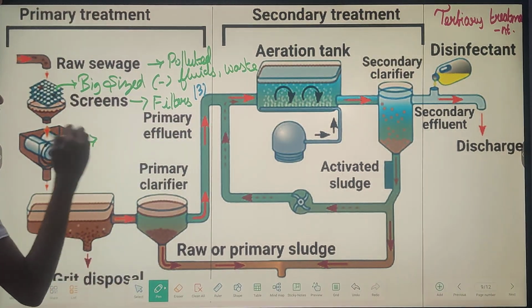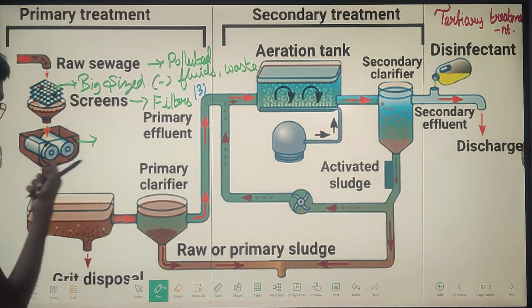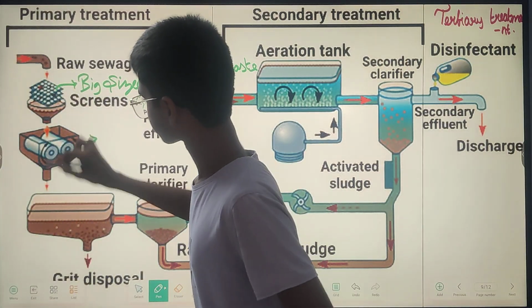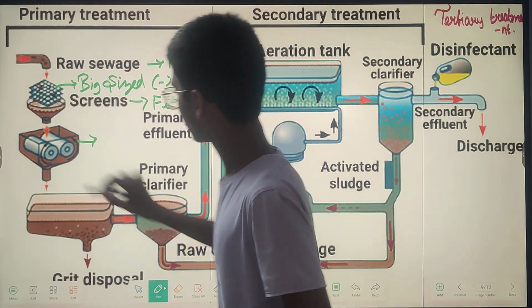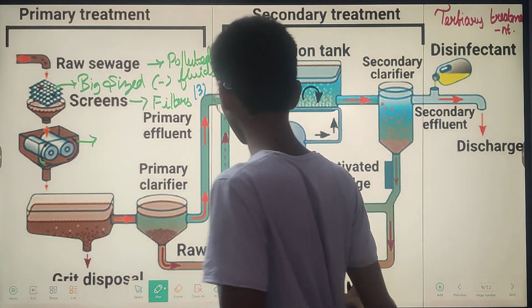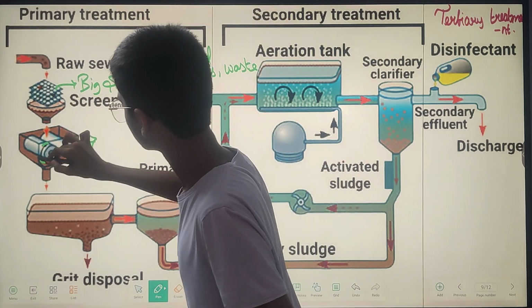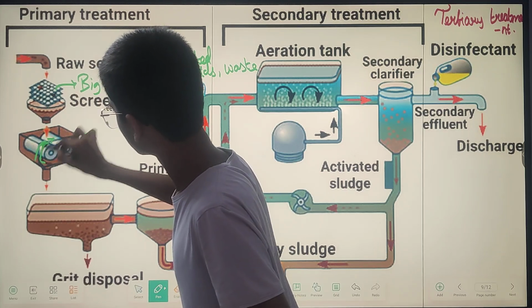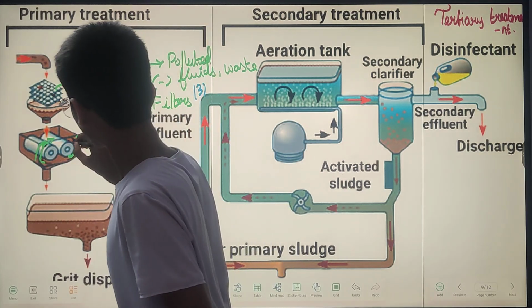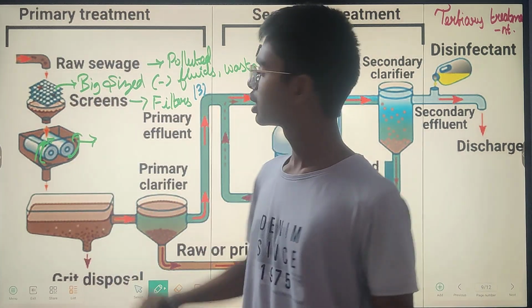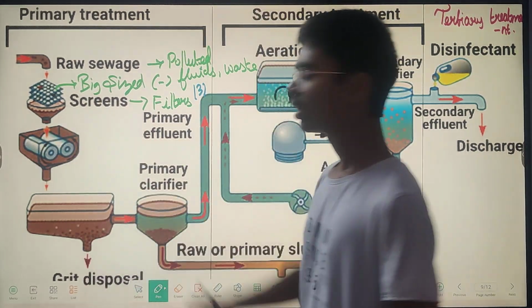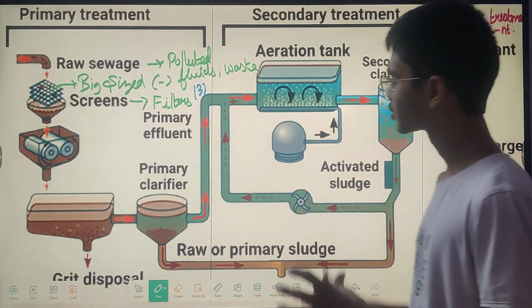Over here, still if some other big size is there, you can see 2 rollers. One will be rolling this side and another will be rolling in the opposite side. So it is going to grind and send all the water and effluents over here.